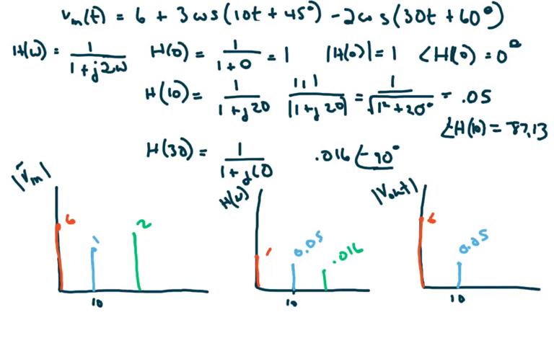Okay, and our result will be 0.032. Okay, so now we've done the magnitude spectra for Vin, the transfer function, and we used both of those in order to figure out the Vout magnitude.